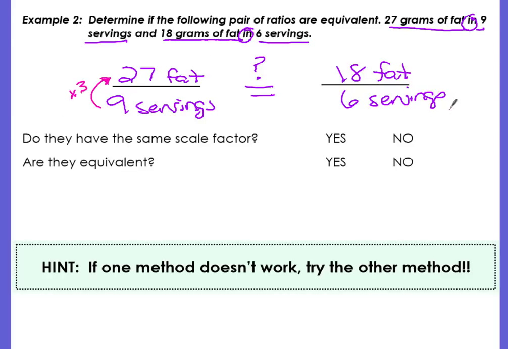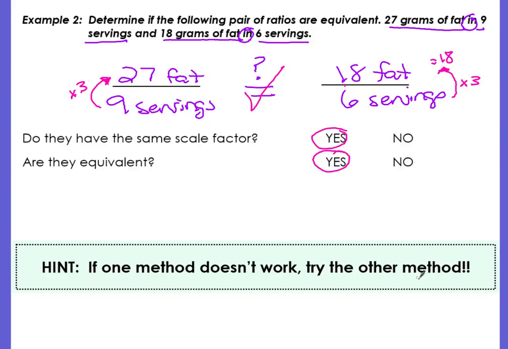Now we need to use the same scale factor over here and multiply the 6 times 3. And when we multiply the 6 times 3, we get 18. And is that what we have here? Yes, it is. So are these two rates equivalent? They are. Do they have the same scale factor? Yes. They both had a scale factor of multiplying by 3. Are they equivalent? Yes, they are.